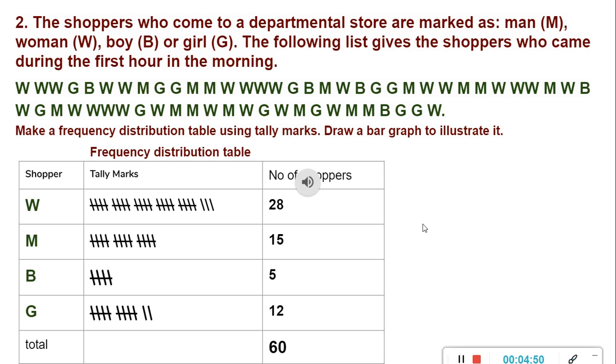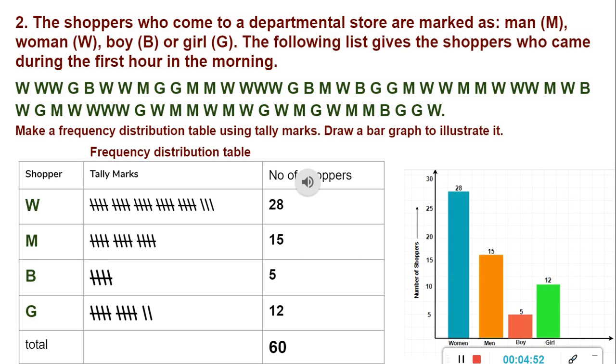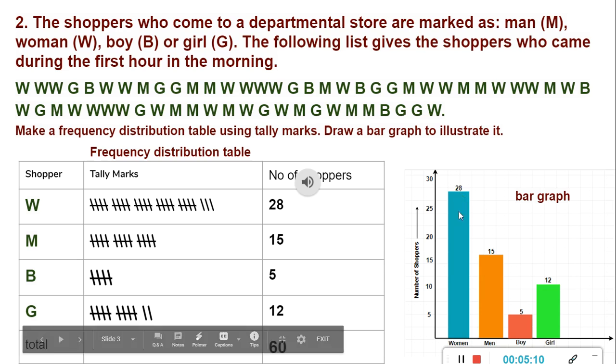The same way you can draw bar graph also. Draw the graph in bar graph. Okay. So, if you are having graph book, then draw it in graph book itself. Otherwise, draw in a graph paper and paste it in your notebook. Okay. So here you can see in bar graph, blue bar, that is the highest one, that is woman, 28.